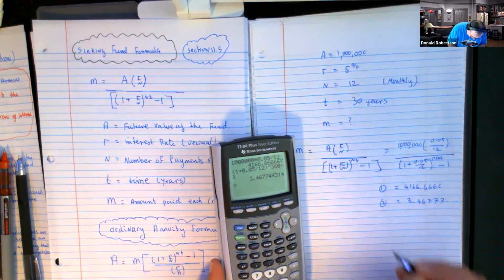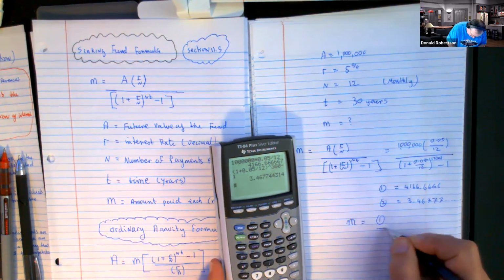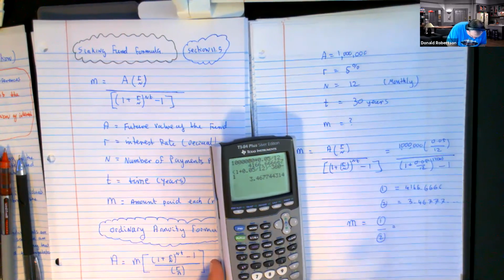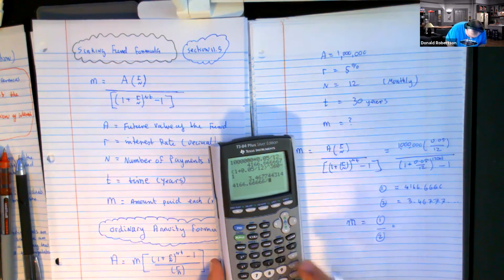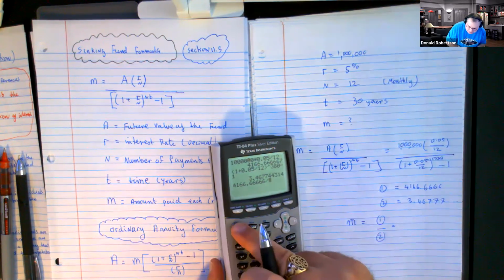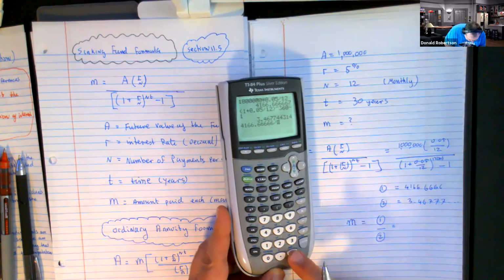And so the answer to M is whatever 1 is divided by 2. And so I'm going to go 4166 point, lots of sixes, divided by, and instead of typing that in, blue button, oops, blue button minus enter.